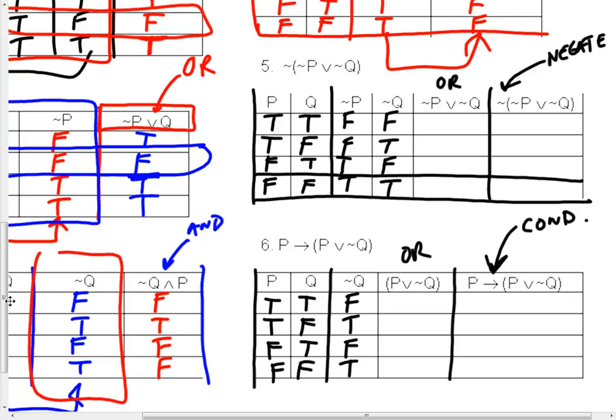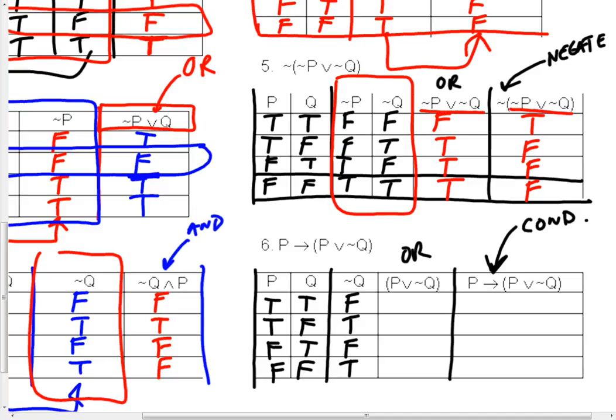Let's see. Let's put it up here. We had to look at these two columns. This is the negation of that, so that's just... You just have to make sure that this is the same as this.